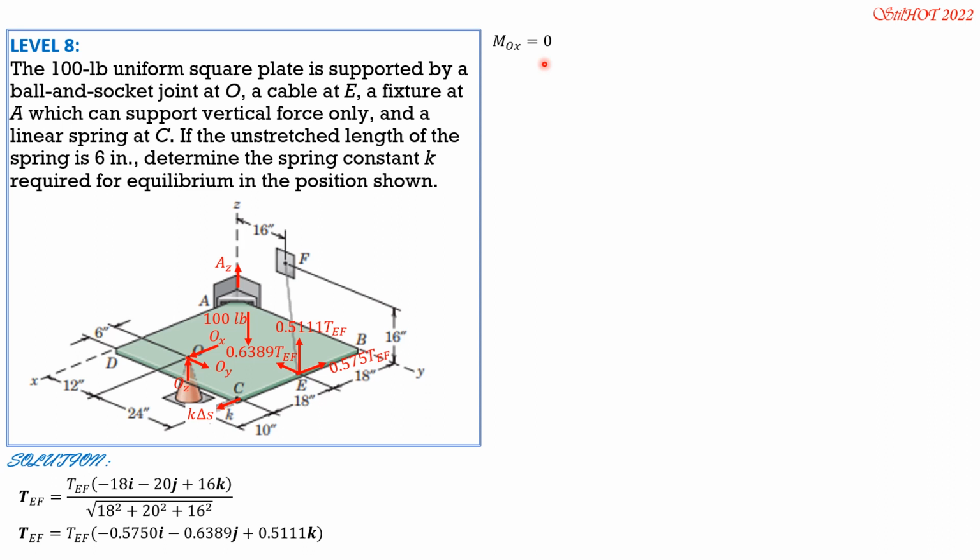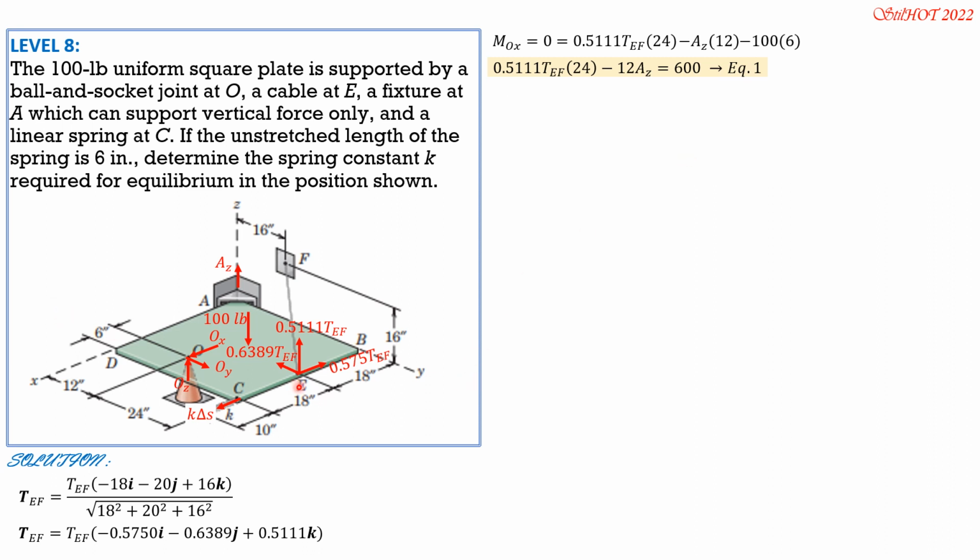So 0 equals 0.5111 TEF times 24 minus AZ times 12, this 12 here, then minus 100 times 6, where 6 is 18 minus 12. So simplifying, 0.511 times 24 TEF minus 12 AZ equals 600, equation 1.